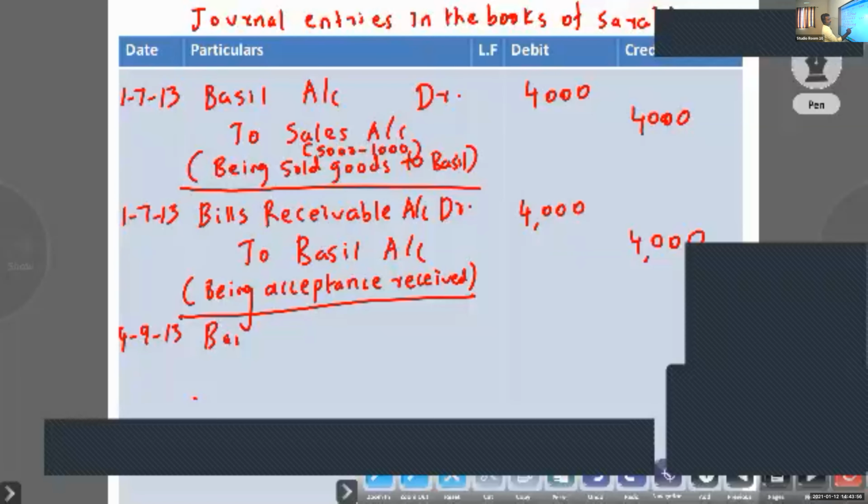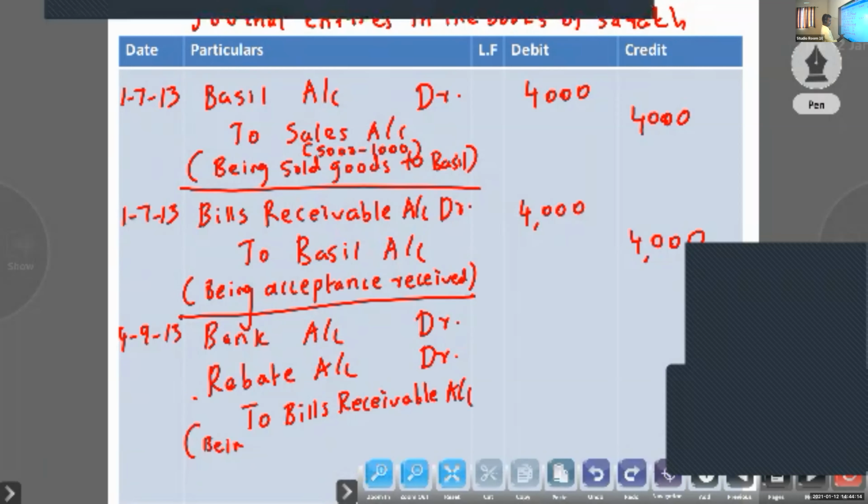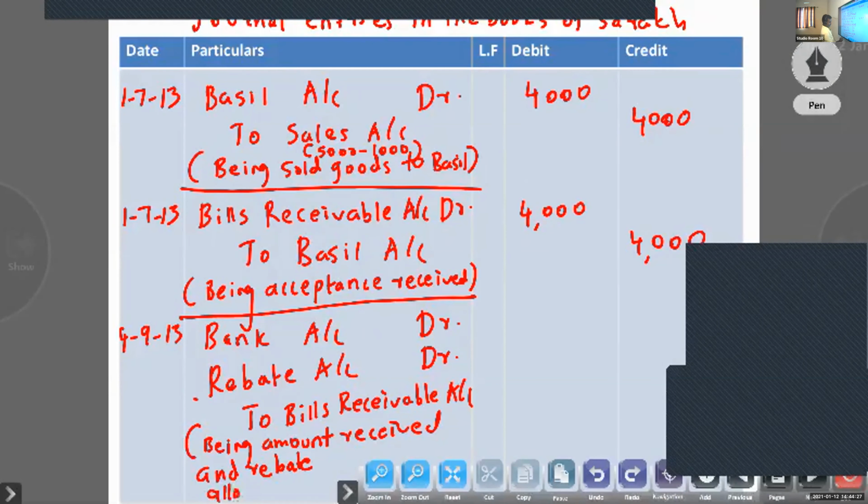Yes, bank account debit, rebate account debit to bills receivable account. Being amount received and rebate allowed.